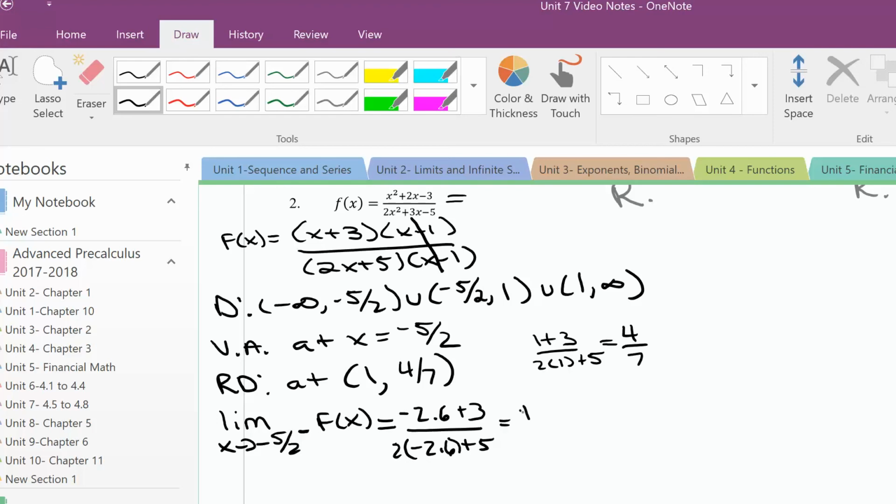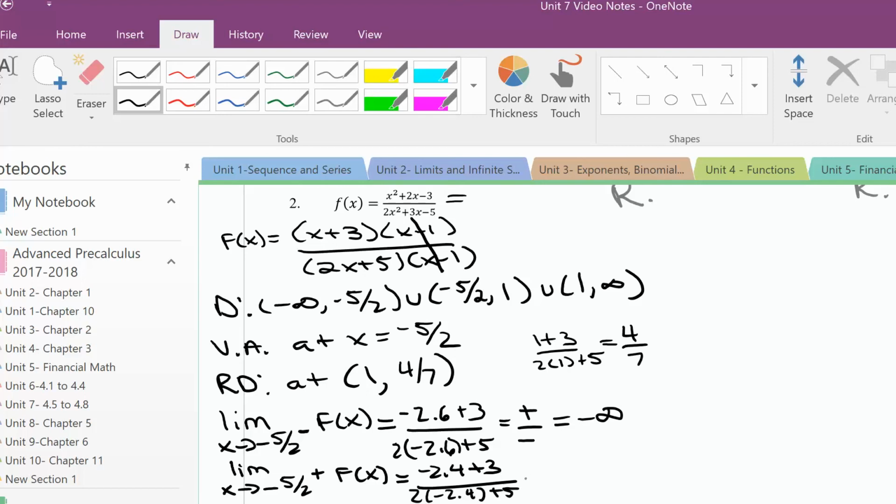So that's going to give you positive over negative. So it gives you -infinity. And then the limit as x approaches -5/2 from the right, that's like -2.4. So it gives you positive over positive, which is equal to infinity.